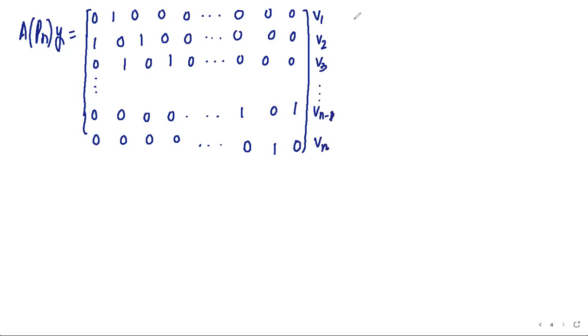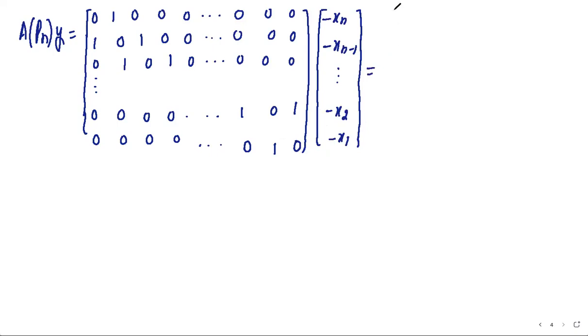So this is Pn, and now we have to multiply it with the column vector y. Then y is defined in this way: minus xn, minus xn minus 1, and so on, minus x2 and minus x1. So let's see what system of equations this gives us. When we multiply the first row here, we get minus xn minus 1.